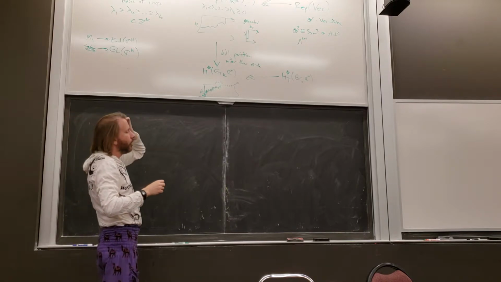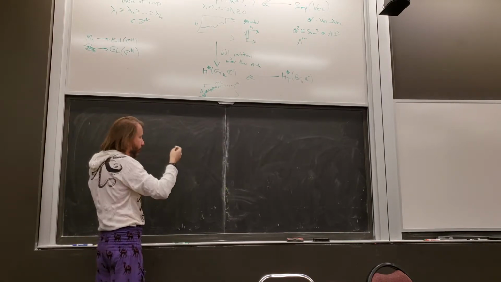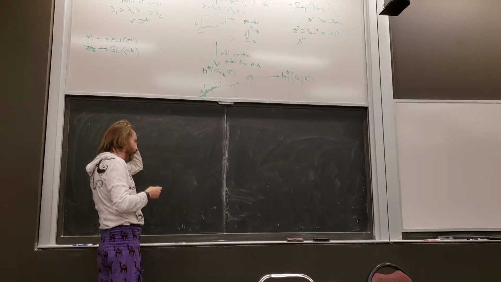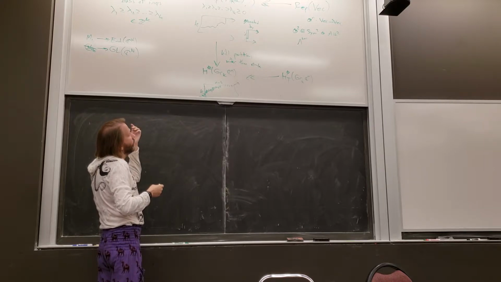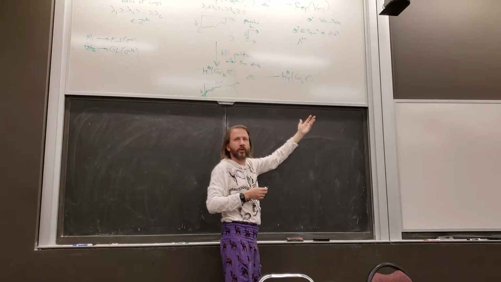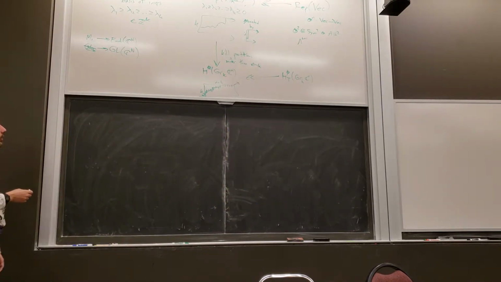So what would you want? You'd want some algebra whose modules give you a basis for the representation ring of that algebra, and then a map from that ring with basis to this ring with basis. But somehow you need to have coefficients that are in H star T instead of just Z coefficients.